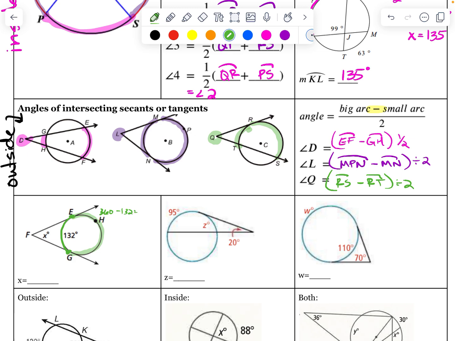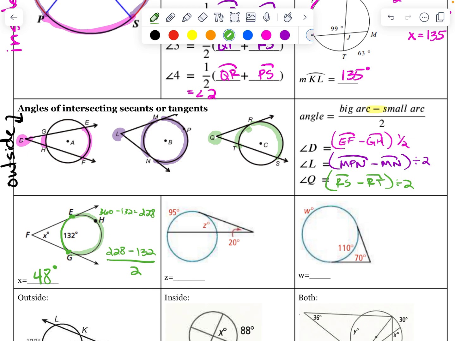So the rest of it is going to be the rest of the circle. 360 minus 132 is 228. So to find X, I can do 228 big minus small divided by 2. I got 96 divided by 2 is 48 degrees for x.